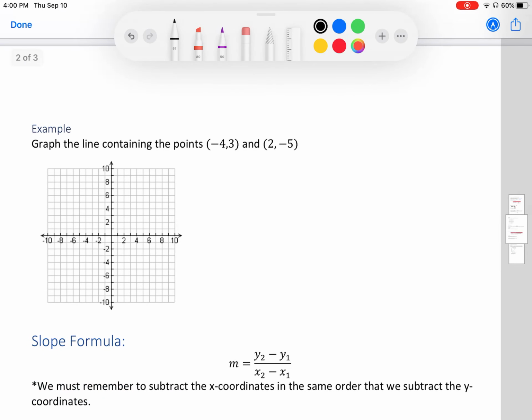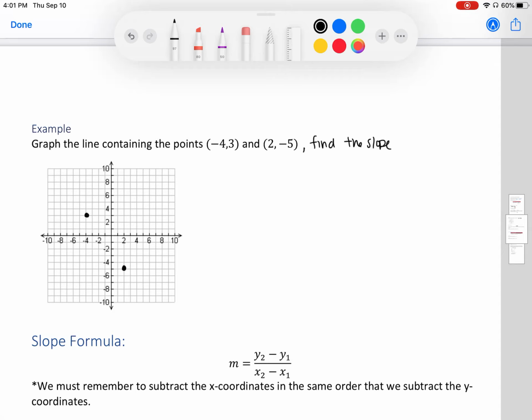For example, graph the line containing the points (-4, 3) and (2, -5). And I think from here we're trying to find the slope. So we have negative 4, up 3, and 2, negative 5.